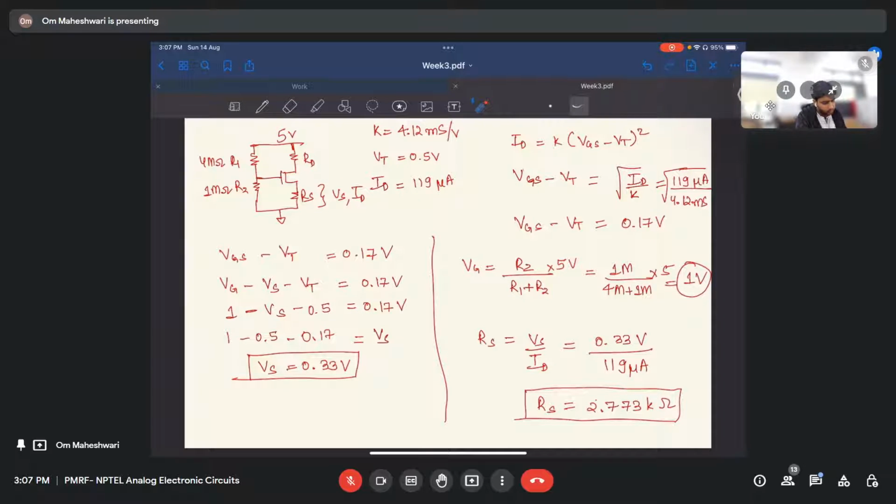VS we calculated to be 0.33. Bhuvnesh, can you please open your mic and tell what your doubt is? I'm unable to understand what you're asking. I got it, sir. I didn't see properly. Okay. So let us move to the next question if there are no doubts.